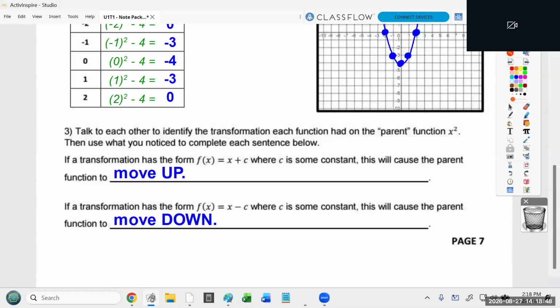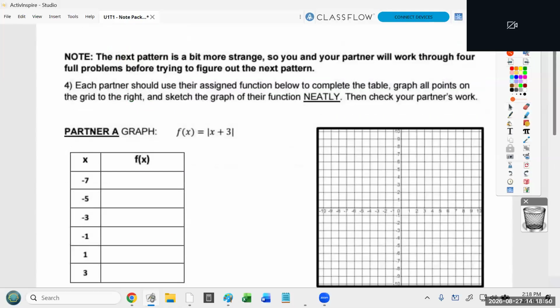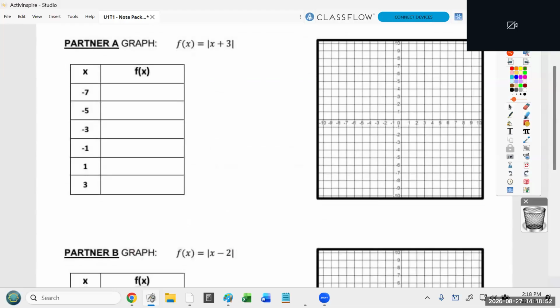Okay, go ahead and turn the page. Again, I'll be partner A, so I'm going to model how to get this one done. Anyone recall what those vertical lines mean? I've already said it multiple times, so somebody's got to help me out with this. What do those vertical lines mean?